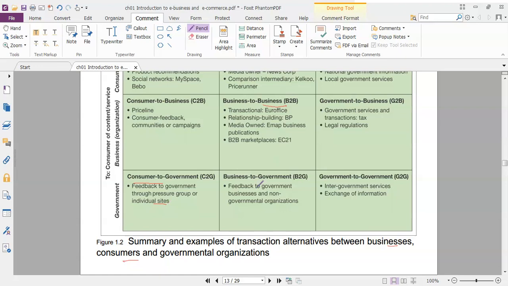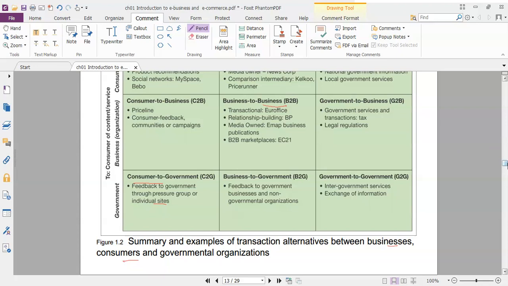And then what else is B2G, business to government, the feedback also to government and non-governmental organization, and government to government, intergovernment services, exchange of information. For example, the Indonesian or Filipino embassy in Malaysia needs some information, and the government itself can go through the website.